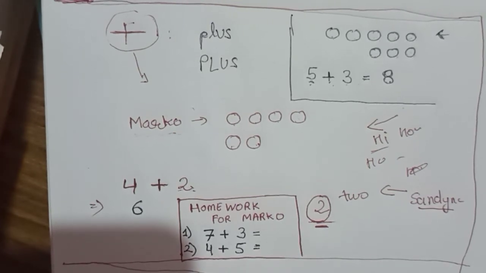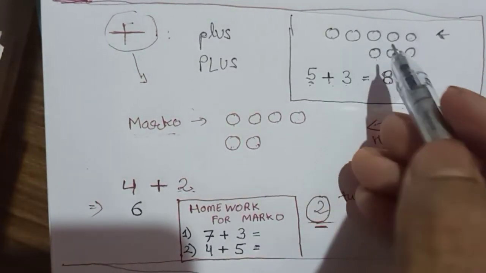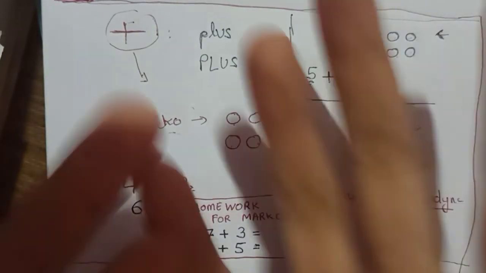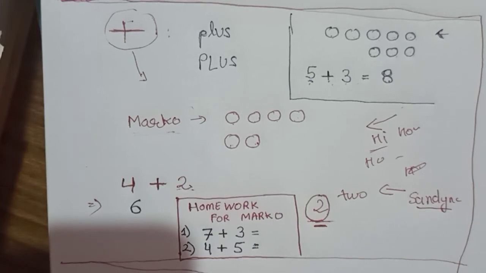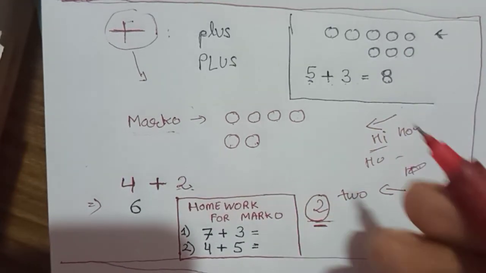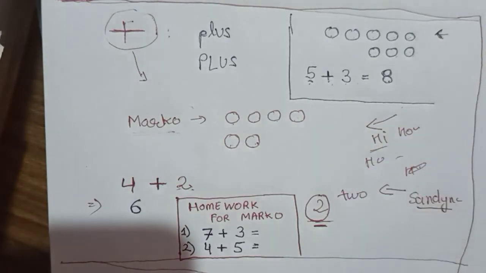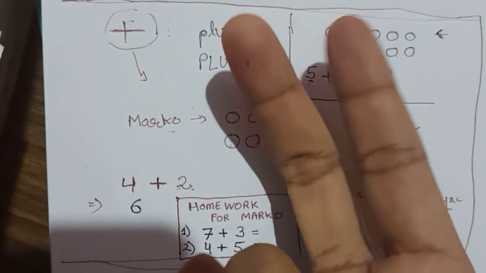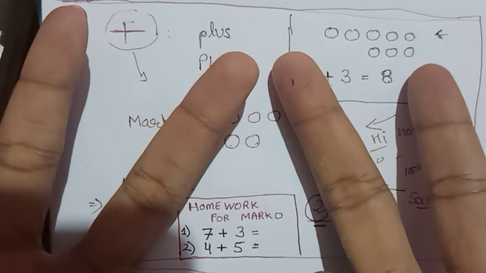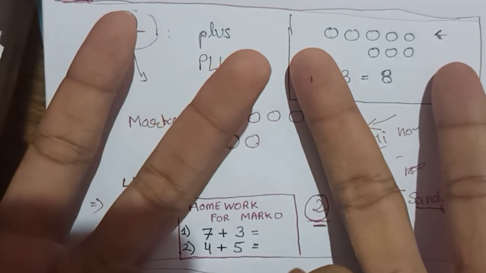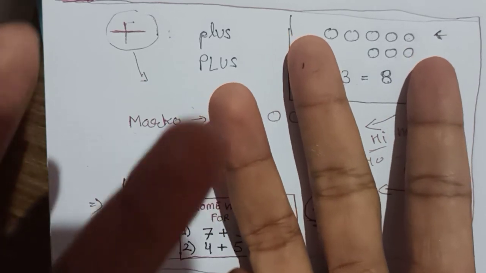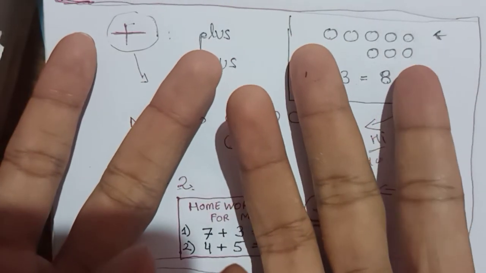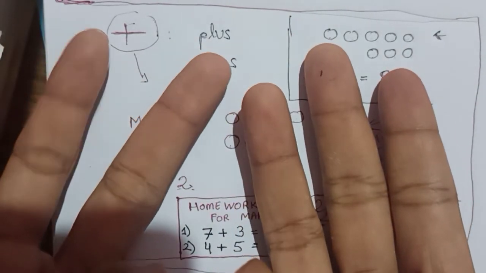But don't use a calculator. You can use this method, or you can use your fingers. Okay. So better you use this type of technique for now. Or you can use your fingers also, like 2 plus 2, how many? 2 plus 2 is 1 2 3 4. 3 plus 2, how much? 3 plus 2 is 1 2 3 4 5.